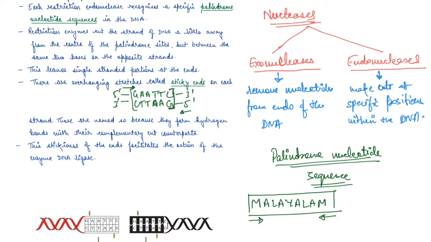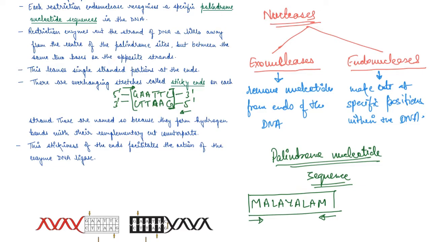These are the sequences present in the DNA, and on the basis of these sequences, the restriction enzymes recognize the specific sequence and cut the DNA. Restriction enzymes cut the strand of DNA a bit away from the center of the palindromic sites, right?